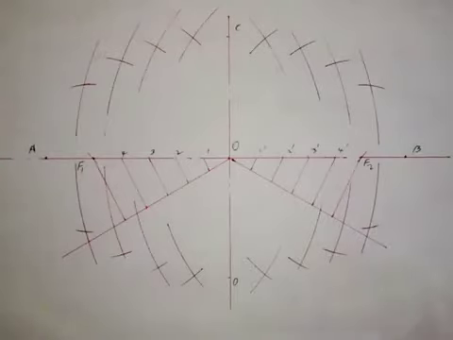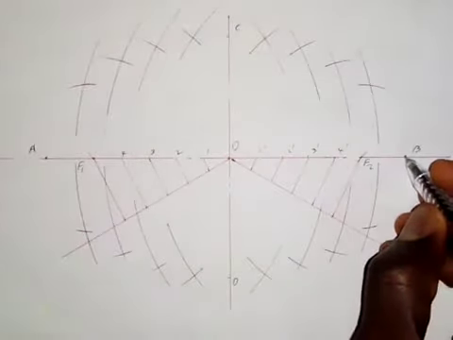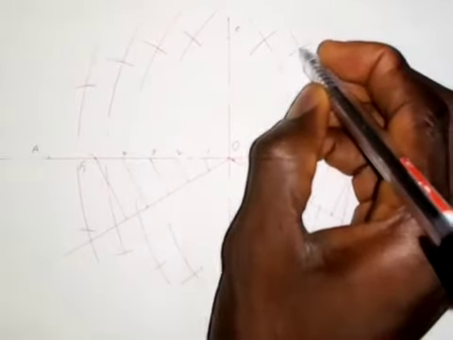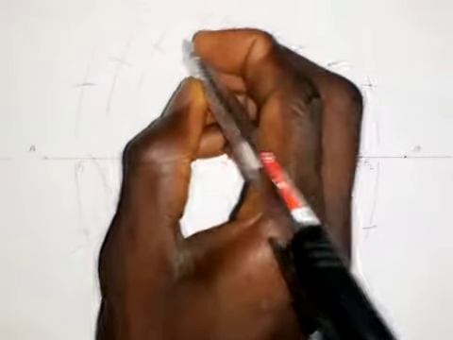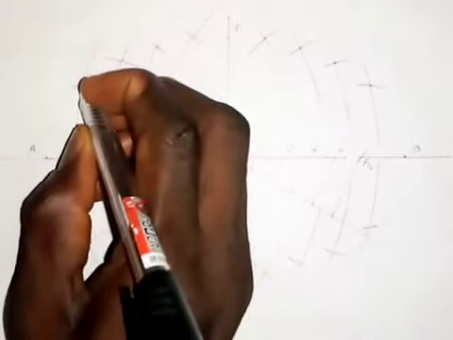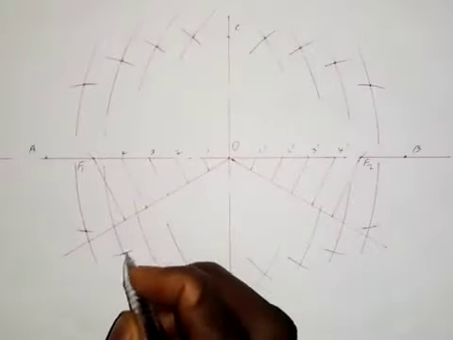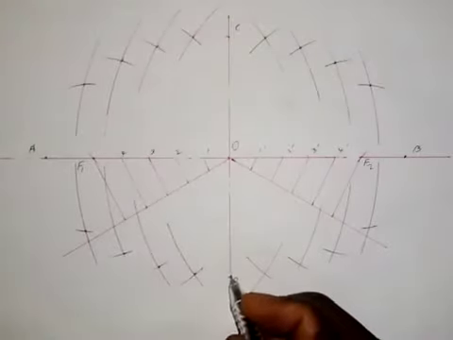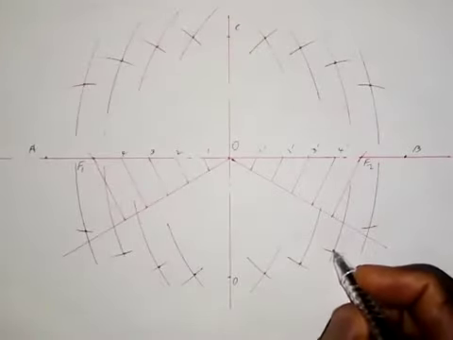Okay, so with what we have done here, we have these points of intersection, including point B, point C, point A, and point D, where the arcs intersect.